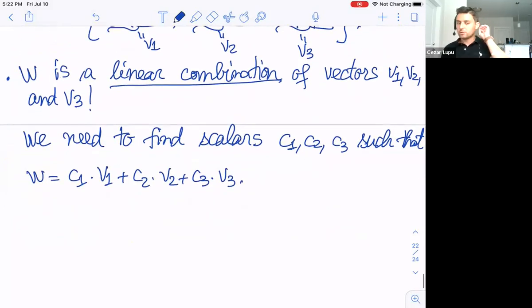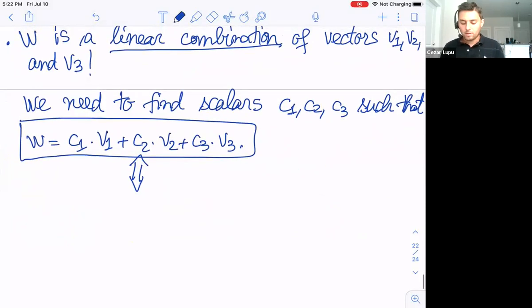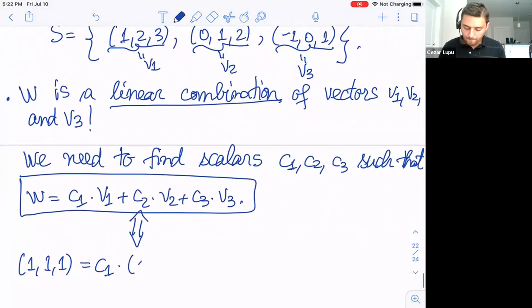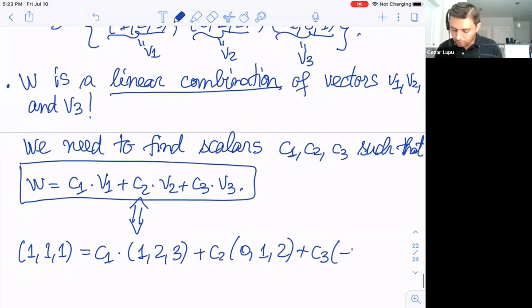Okay. Now let's identify. This relation right here will be equivalent with the following. W is (1, 1, 1). This is C1 times V1, which was (1, 2, 3), plus C2 times (0, 1, 2) plus C3 times (-1, 0, 1).